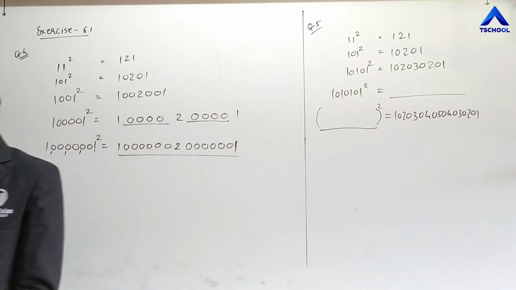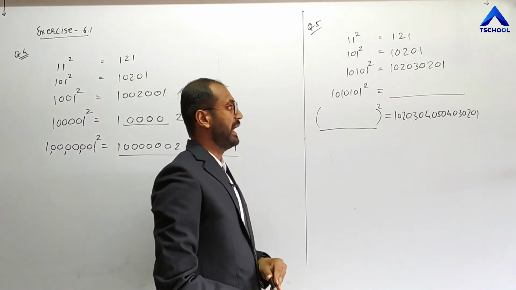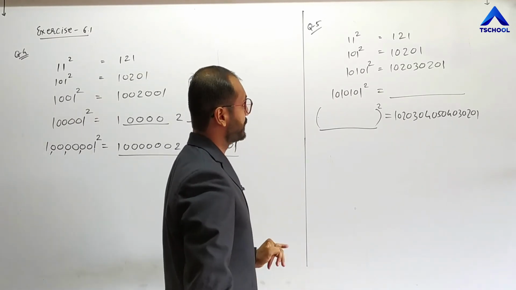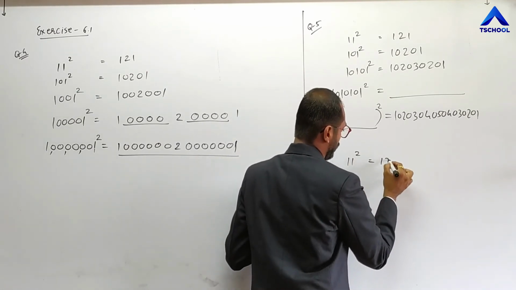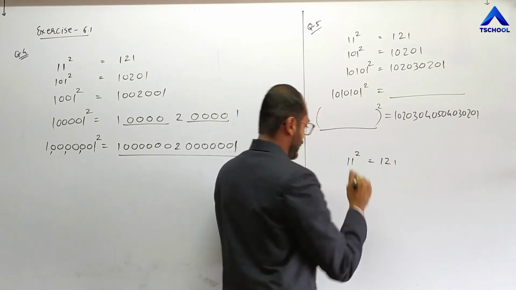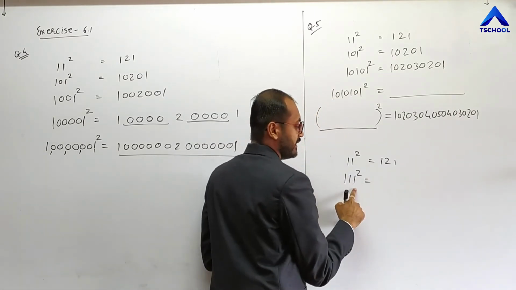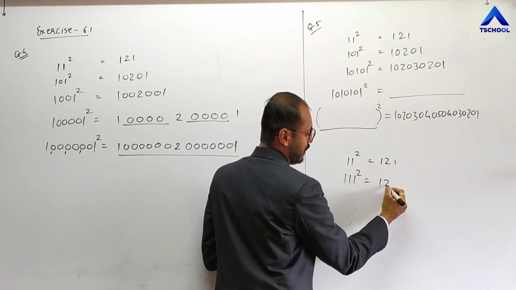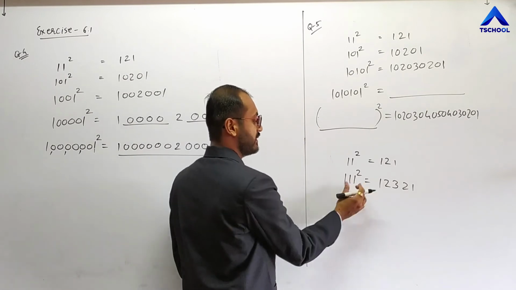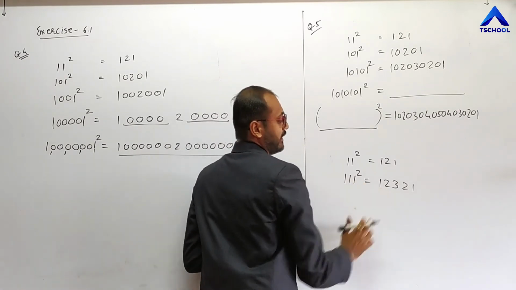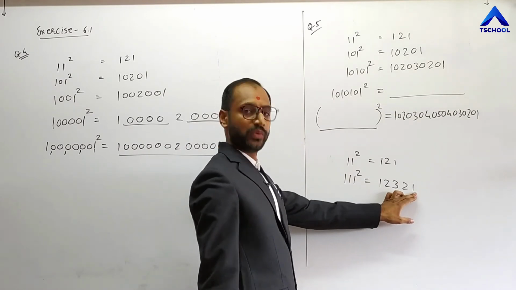Clear? So we understand a pattern. We learned a pattern that if 11 square is 121, what is the square of triple 1? Here there are 3 ones. Then we have studied that this pattern contains 1 2 3 2 1. Clear? Because here there are 3 ones. So first ascending order up to 3 and then descending order down to 1.